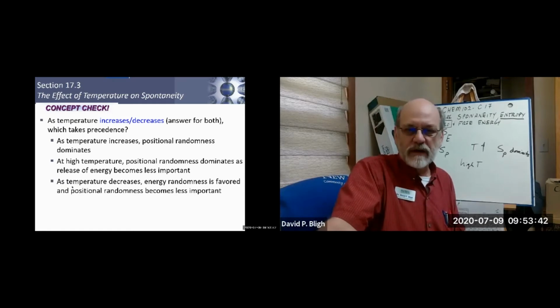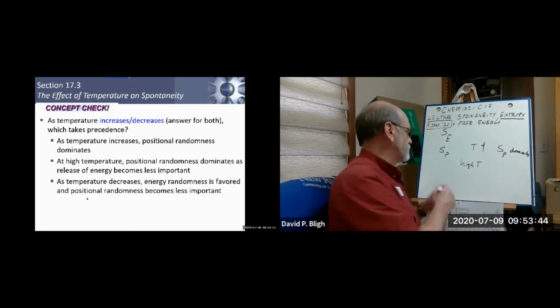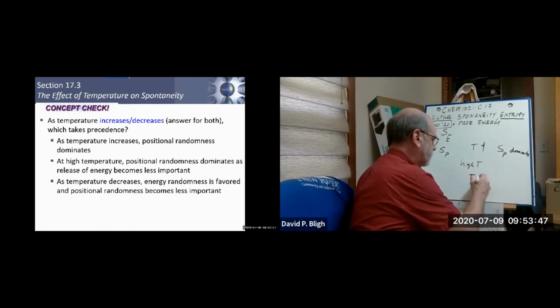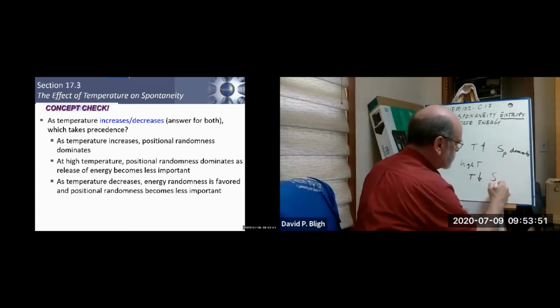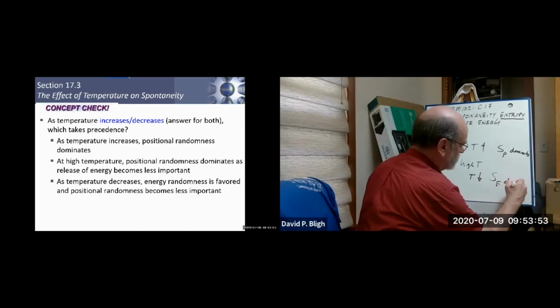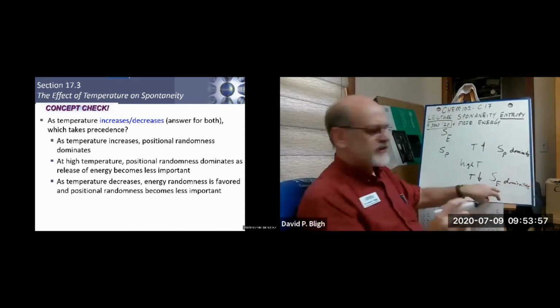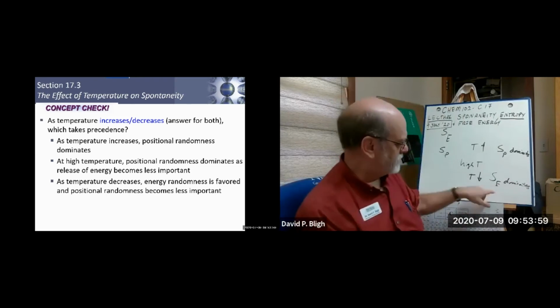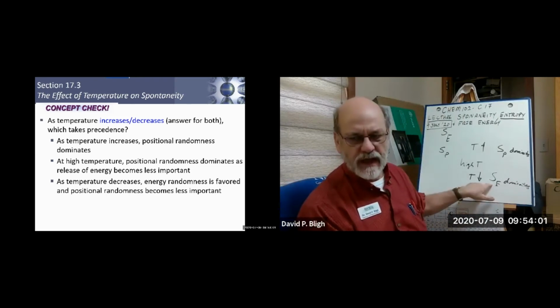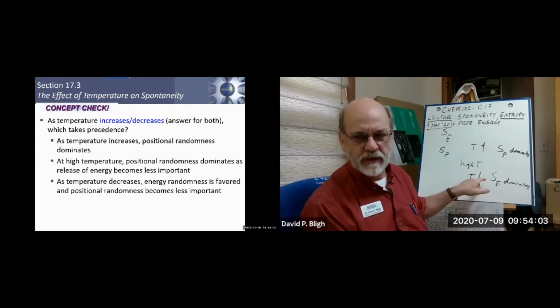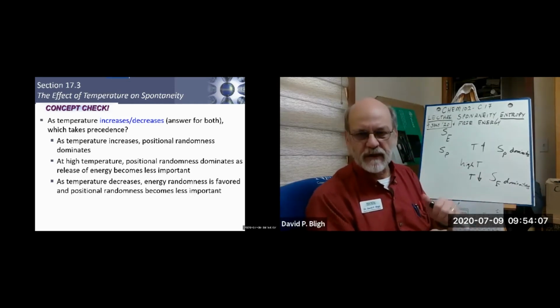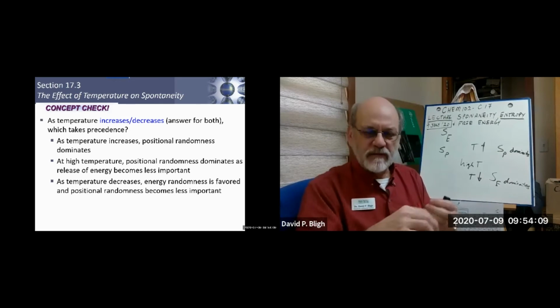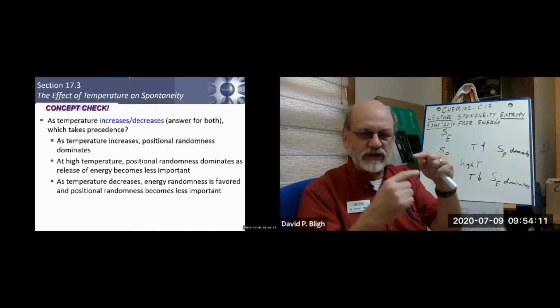Whereas if we decrease the temperature, then the energy randomness dominates, because the change in entropy at low temperature is much more significant with an incremental change in temperature.